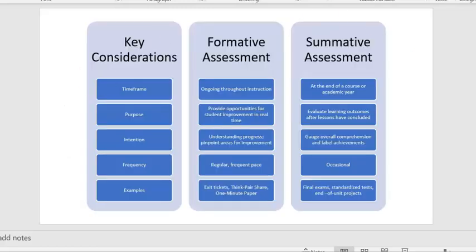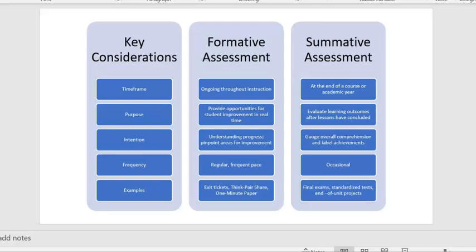So here are some key considerations in comparing formative and summative assessments. So the time frame, formative assessments are ongoing throughout instruction, whereas summative assessments are usually at the end of a course or a unit or a year. The purpose for formative assessment is to provide opportunities for students' improvement in real time, whereas summative assessments, it's to evaluate learning outcomes after lessons have concluded.